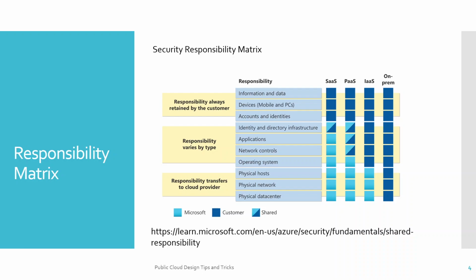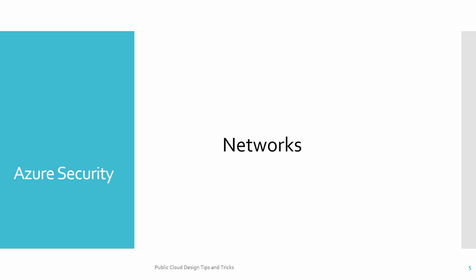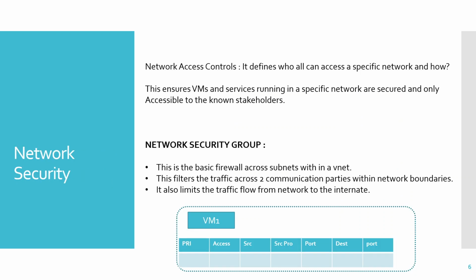Responsibility matrix we have already discussed. Now coming to networks. Before I start, a network is an isolation context where the user workloads or organization workloads actually run, and the basic concept behind having a network is to keep your workloads, services, or virtual machines running within your boundary more secure within that network boundary.